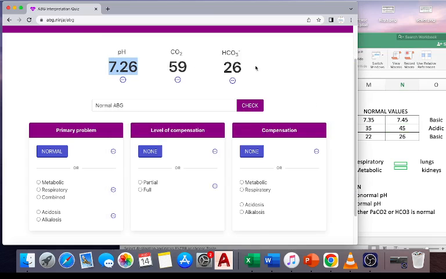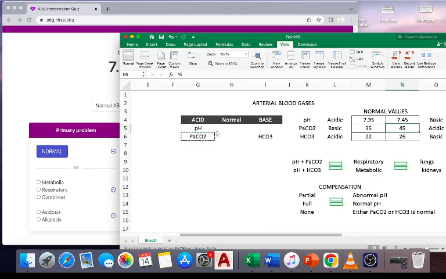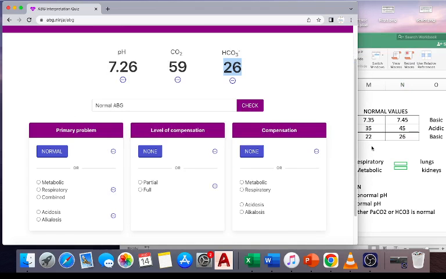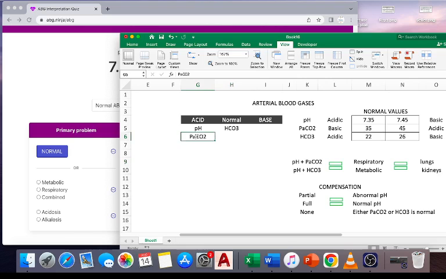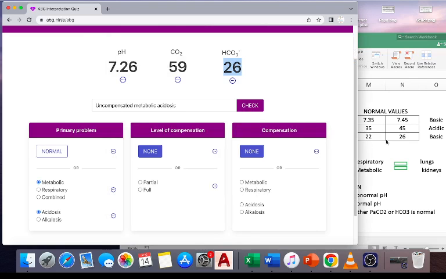Our bicarbonate, notice, is 22 to 26, so it's within the normal limit. It's 26. Our bicarbonate is normal. We'd look at PaCO2 as well as pH. This means it's acidosis.